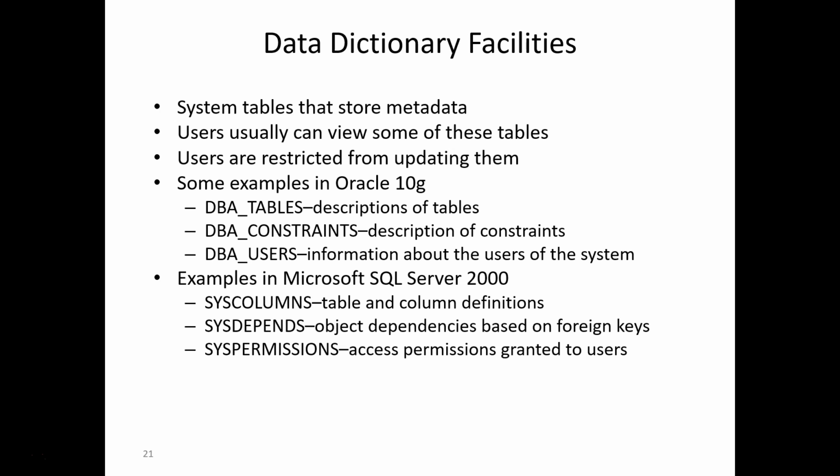For obvious security reasons, the database administrators can determine user privileges when it comes to accessing these system tables. In pretty much all cases, users are restricted from updating these tables to prevent accidental or intentional corruption of the system tables, so users usually only have the privilege to view these tables.